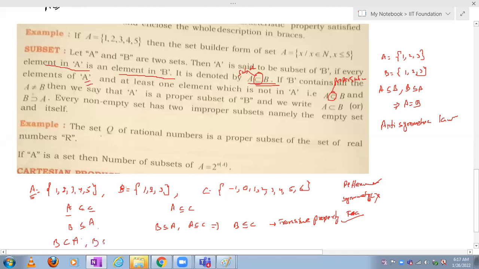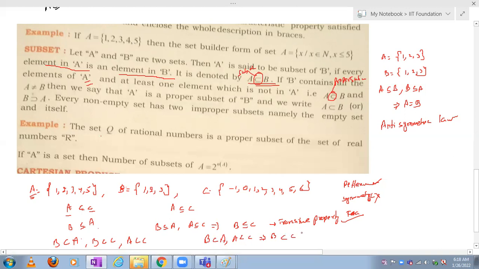B is a proper subset of A and A is a proper subset of C. That implies we can say B is proper subset of C. Got it?